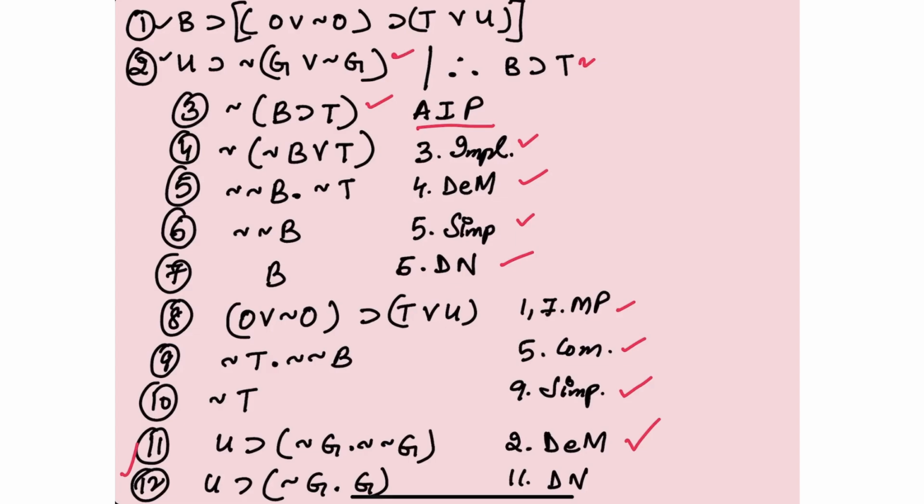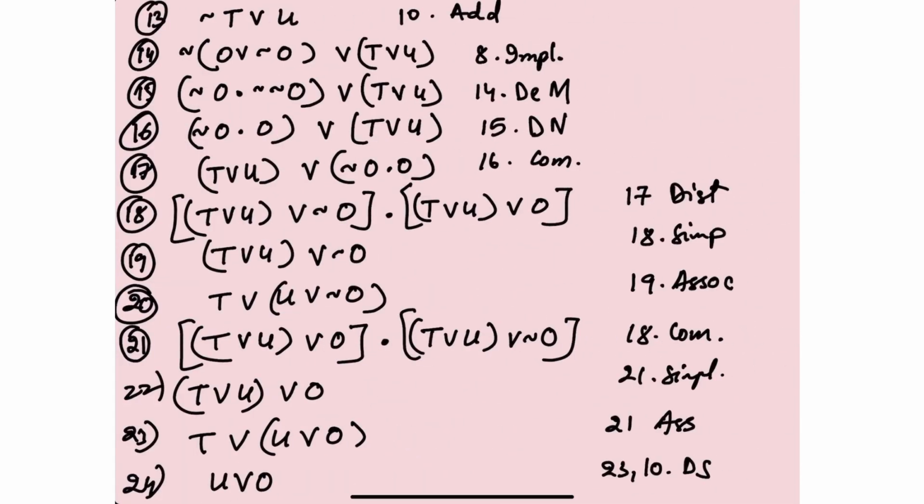Here we have used De Morgan, and then again double negation over here. After that, what you have done is addition, implication, De Morgan, double negation, commutation, distribution, simplification, and here we have taken this whole as P, and this as Q, and this as R, and we have used distribution here.